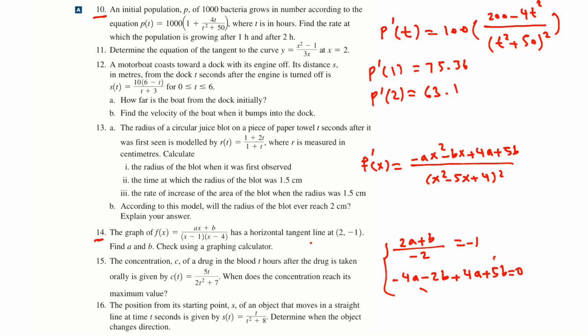From the second equation, we have b equals 0, and if we plug it into the first equation, we will find a equals 1. This means f of x is x over x minus 1 times x minus 4.